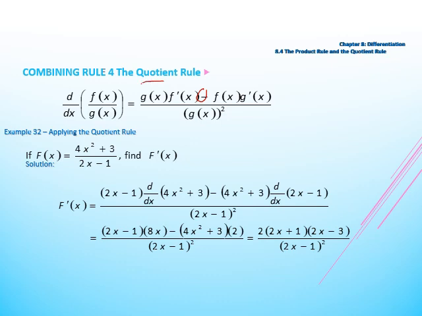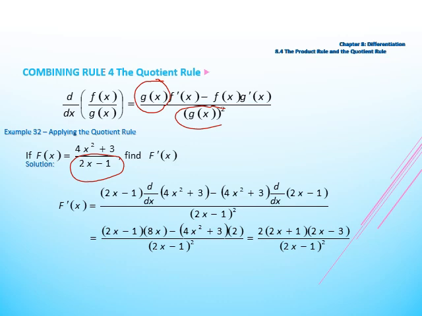It equals the denominator without any differentiation times the differentiation of the numerator, minus the polynomial of the numerator times the differentiation of the denominator, over the denominator squared.